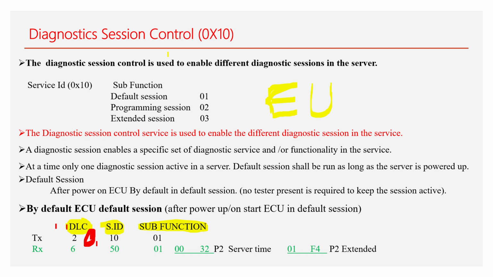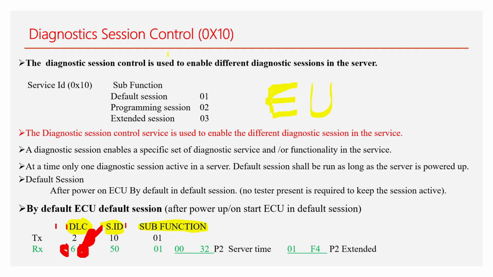So what is the positive response? How to write the positive response means, here see, this is not a 60, I think this is the 60. What is the positive response? DLC is a 6 0 0 6. Okay. Next, coming to service ID.